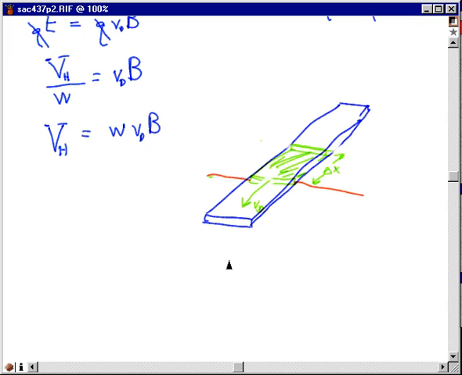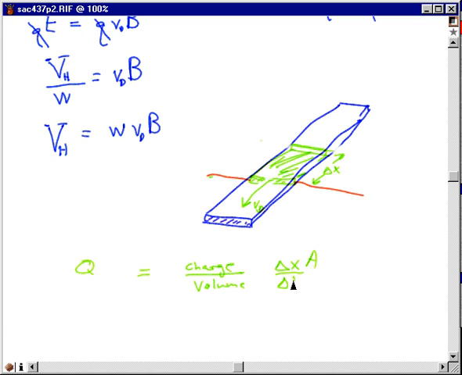The amount of charge is going to be the amount of charge per volume times the volume, which will be delta x times the area of this cross section, the area of this face, which is the same as the area of this face right here. I call it A, and that's the amount of charge that will pass by in time delta t.